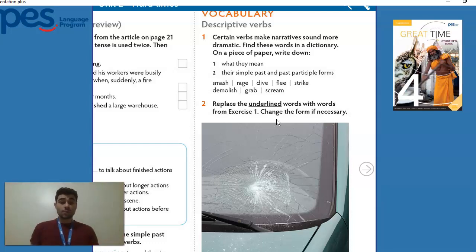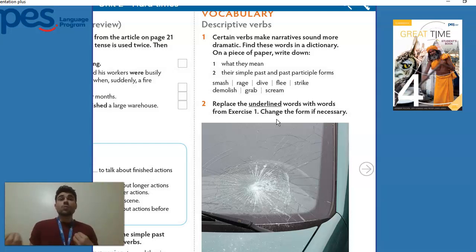Break is a very common verb, and we know that to break something is very simple to imagine. But is break exactly the same as smash? Which one do you think is stronger, right? Smash is much stronger. Smash gives this idea of something breaking into very small pieces, really destroyed, right?